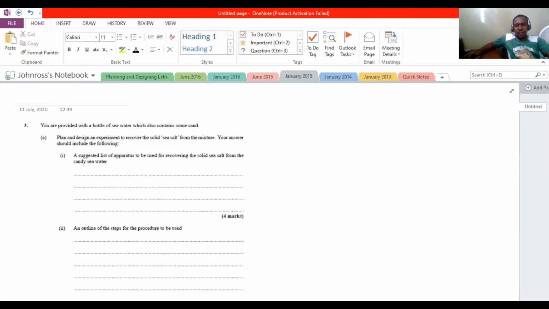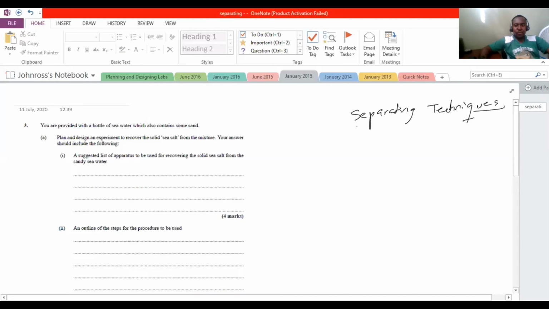All right, and the topic here would be separating techniques. And this one is easy because it tells you that we need this from a mixture. Right, so this one tells you exactly the topic. So separating techniques. Well, we know we have a lot of techniques here. So which one now would be for this problem?